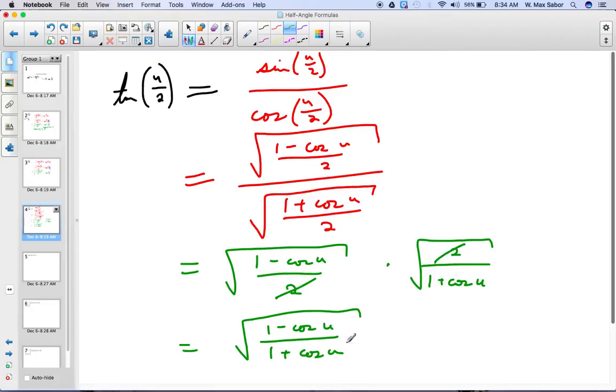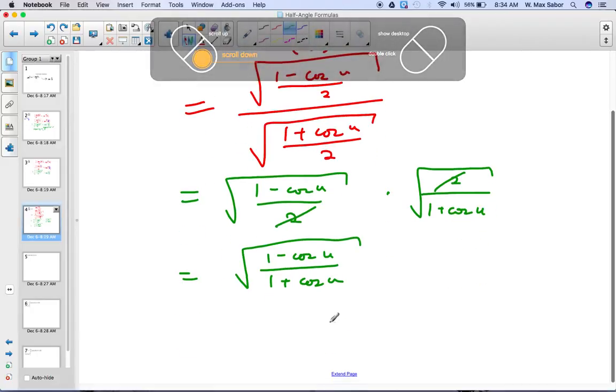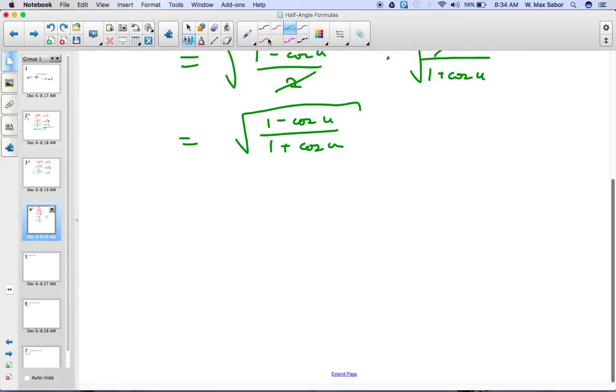Now, this is not going to be an acceptable final answer. You could write it this way, but no one ever does. What we typically will do is rationalize this denominator by multiplying by the square root of 1 plus cosine over 1 plus cosine.